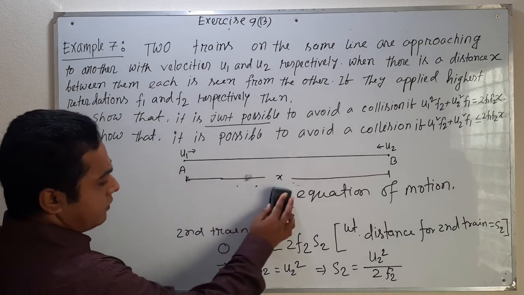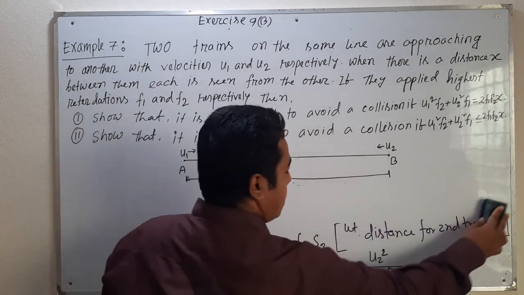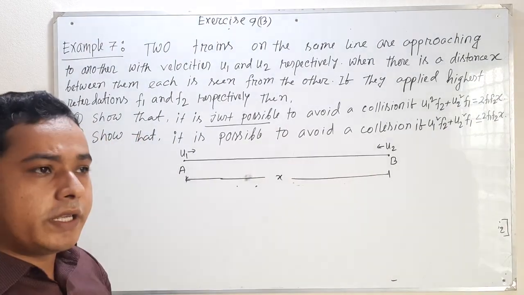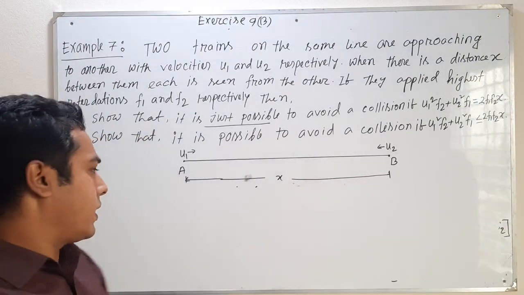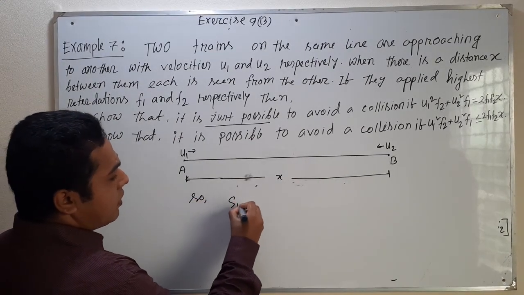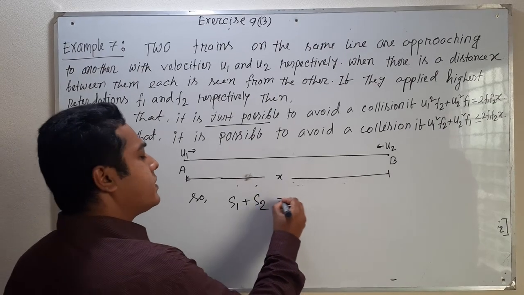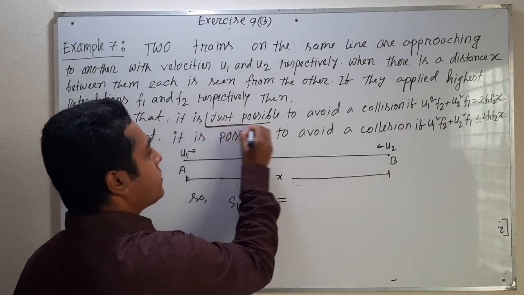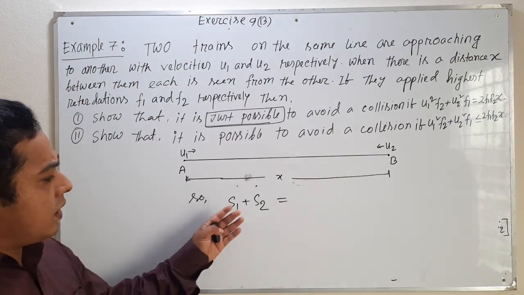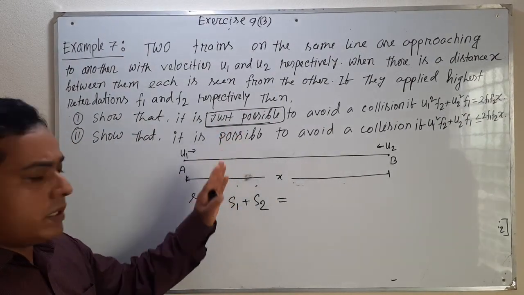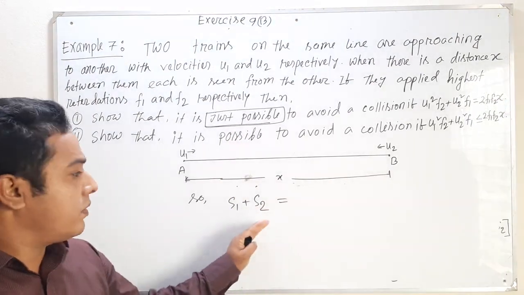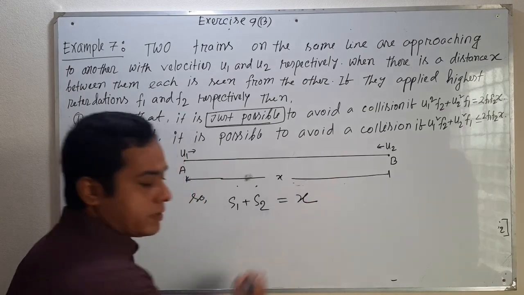Now together the total distance for the two trains is x. So s1 plus s2, their highest distance, is just possible to avoid the collision if the distance covered by the two trains is equal to x.